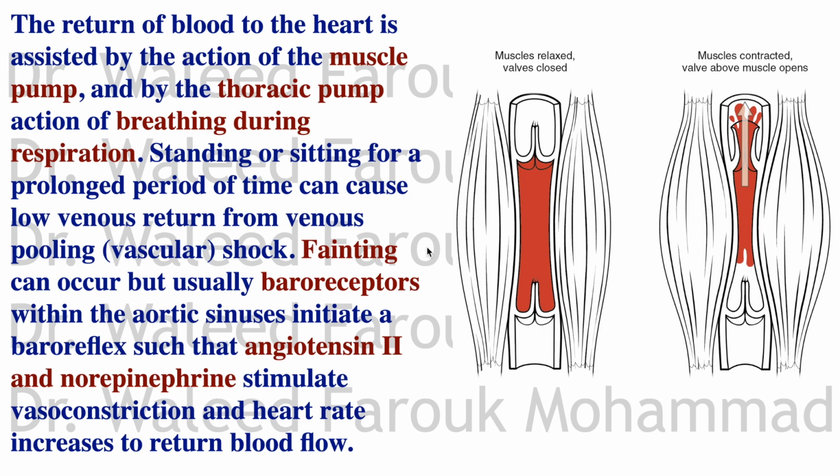But usually baroreceptors within the aortic tissues, we studied this in the head and neck, the baroreceptors and chemoreceptors that detect the pressure and the O2 level in the blood, initiate a baroreflex to stimulate the release of angiotensin II and norepinephrine. These are vasoconstricting agents that stimulate vasoconstriction, and heart rate increases to return blood flow.